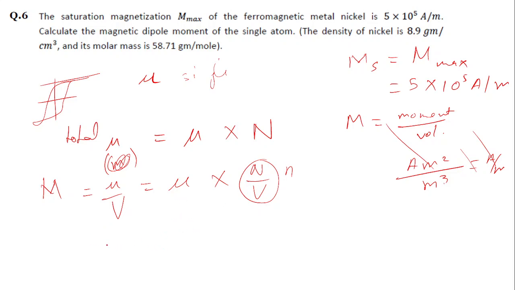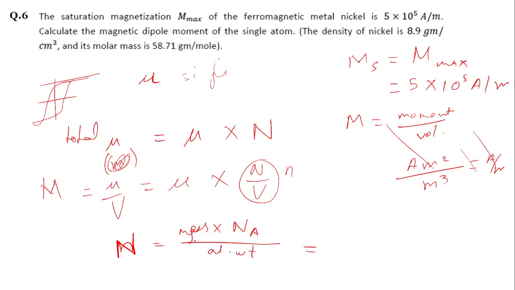Now to get the number of atoms per unit volume, it will be density times Na, because for the number of atoms I need mass. Let me start from there. For the number of atoms I need mass times Na divided by atomic weight.